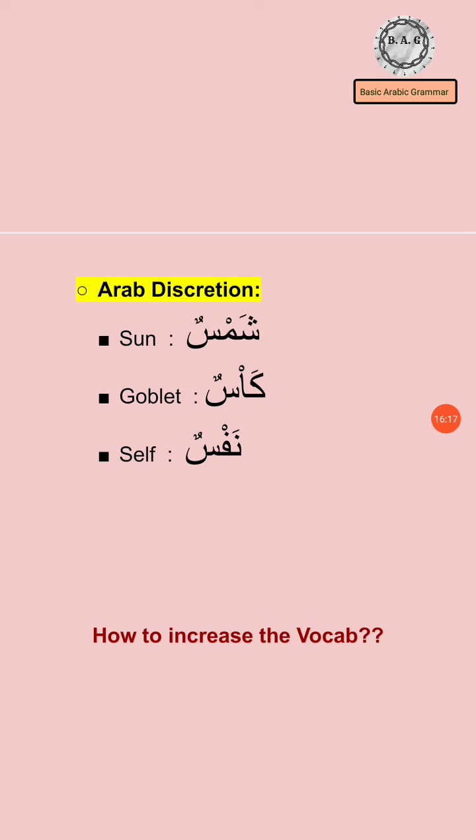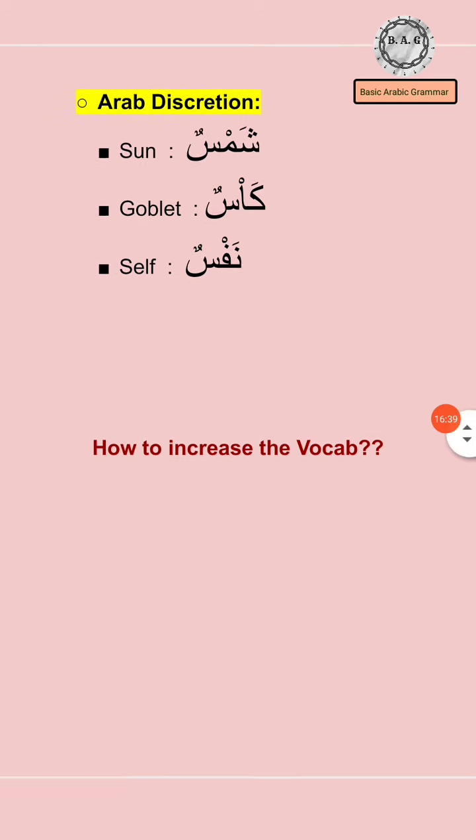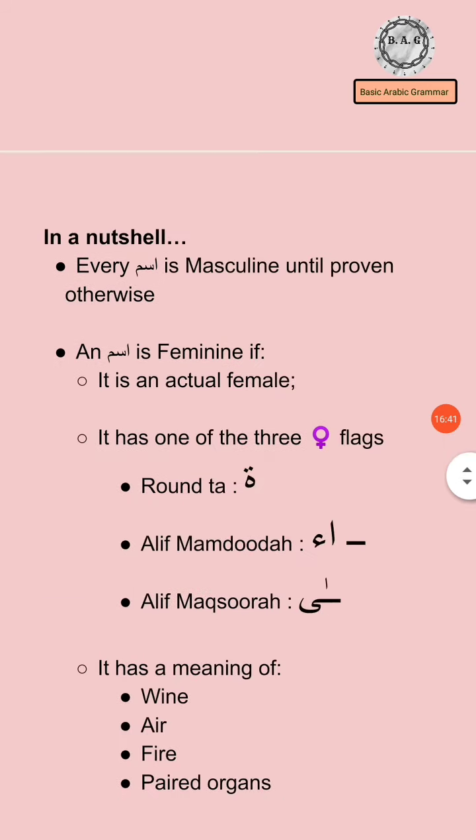So I would recommend that you listen to the tafasir because they give you explanations. And I'm going to upload the file of Arabic dictionary that I find really useful. So it's an English to Arabic dictionary. So you can start consulting that for any word that you find. So that would be a good start, inshallah.